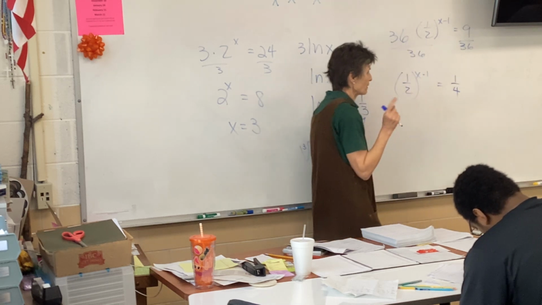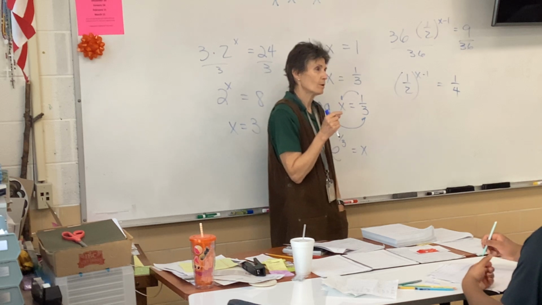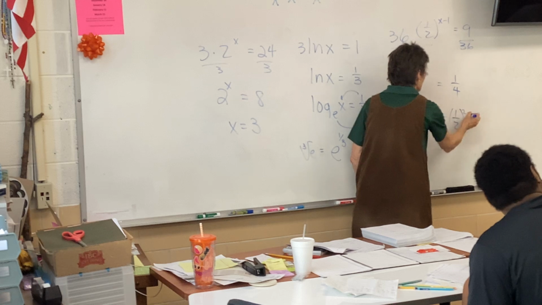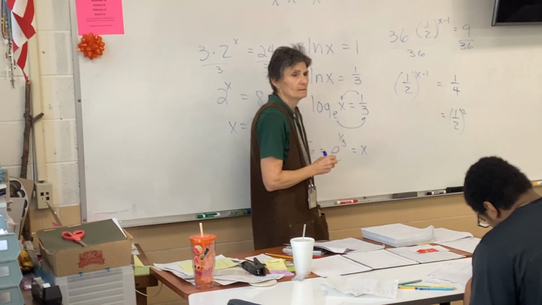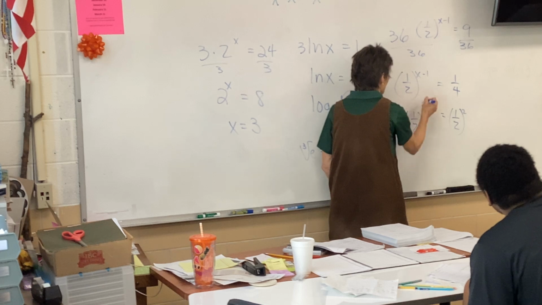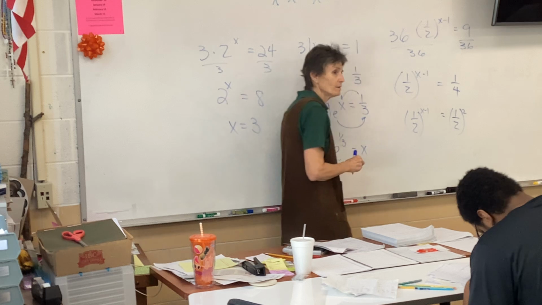And why is that really good news? Because 1/4 is 1/2 squared, isn't it? So now I have 1/2 to the x minus 1 equal to 1/2 squared.